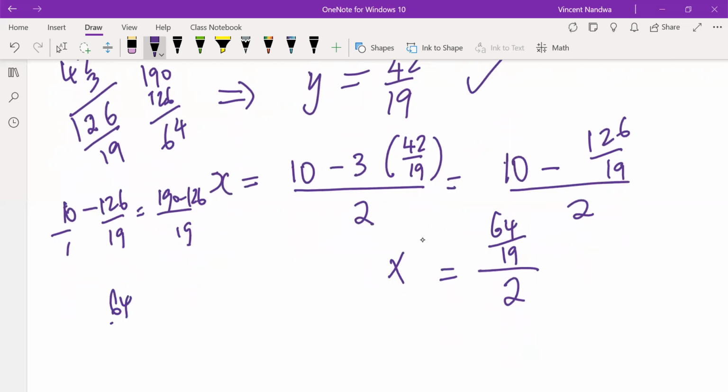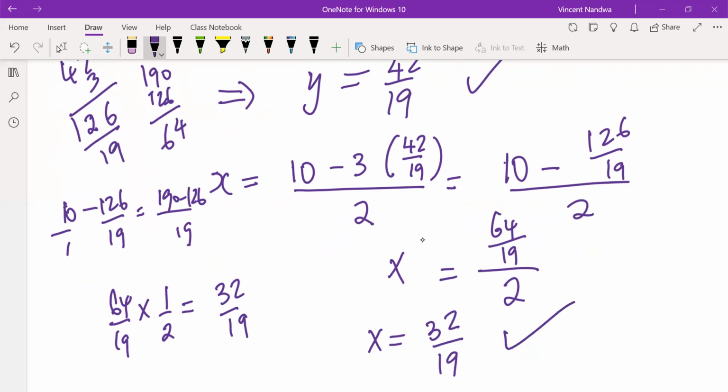Now 64 over 19 times a half, using the reciprocal, gives us 32 over 19. So x will be 32 divided by 19. Therefore, those are the two values or solutions for that given simultaneous equation.